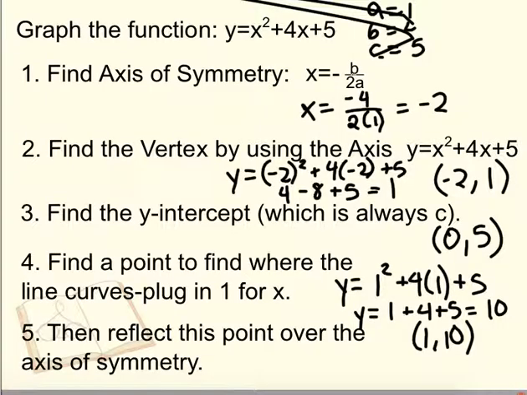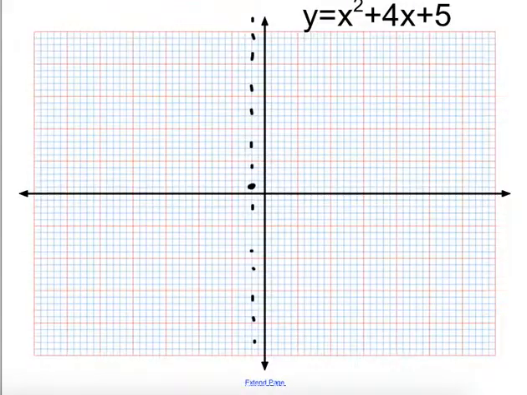So we have it at 0, 5, meaning we're going to be up here at 0, 5. And then we found this other point. We plugged in 1 and got 10, meaning we're going to be up here. And then we flip that across my axis of symmetry, which means I need to stay at the same y level, but this dot at 1, 10 is 3 units away from my axis of symmetry.